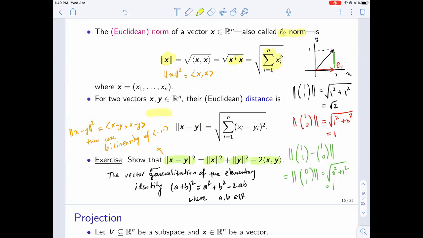So search bilinearity in Wikipedia, and you'll see what it is. The inner product is bilinear. Maybe you don't understand this notation, so look up bilinearity of inner product.